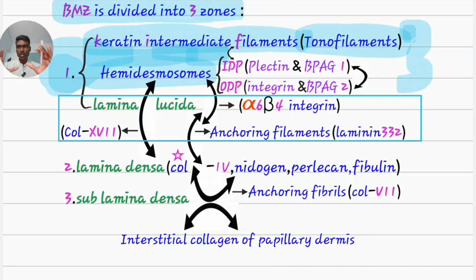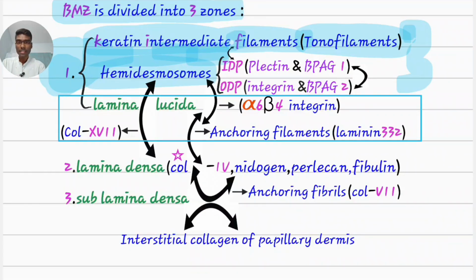All these components of the basement membrane are attaching complexes or anchoring proteins or scaffolding proteins which anchor to another structure. That structure will go on anchoring to some other structure, ultimately fulfilling the aim of attaching or adhering epidermis towards dermis. You can see here all the double-edged arrow marks are indicating that anchoring, a continuous network of anchoring from one structure to another structure.